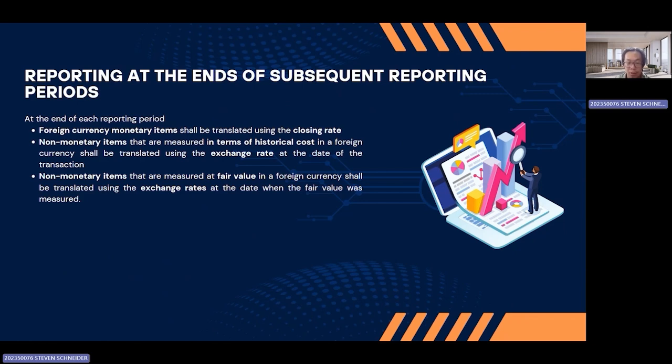Non-monetary items measured at fair value in a foreign currency shall be translated using the exchange rates at the date when the fair value was measured. So monetary items are translated using the closing rate, non-monetary items at historical cost use the historical exchange rate, and non-monetary items measured at fair value use the exchange rate at the date of fair value measurement.